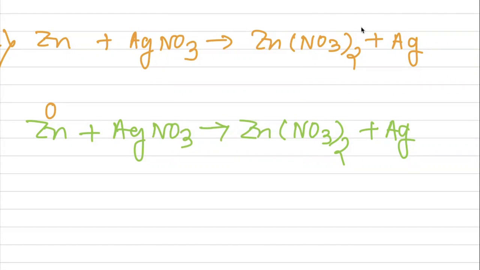See, zinc will be X. Okay, so if we consider this compound, zinc will be in +2 oxidation state because it will be divided into zinc 2 plus and NO3 minus.